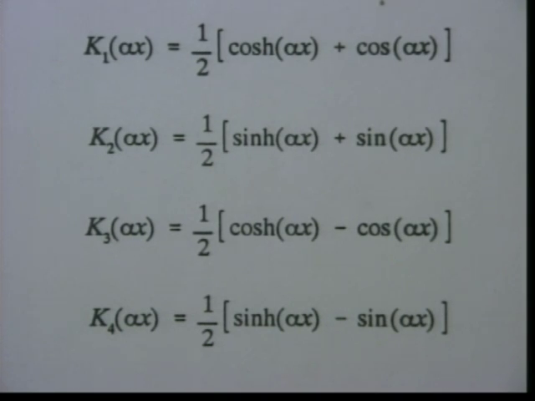We can also derive this very easily just by changing. Instead of B1, B2, B3, B4, we can just rearrange this and write like this. It's very easy. So we have these 4 functions.